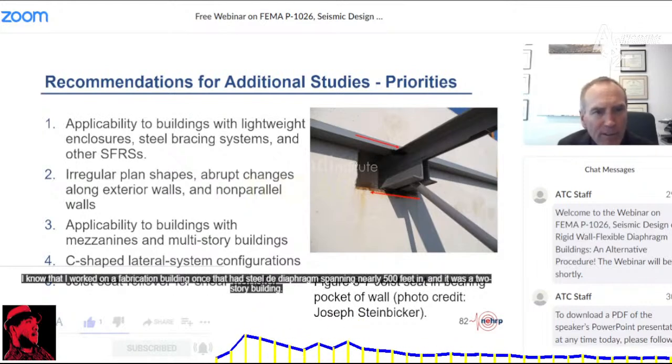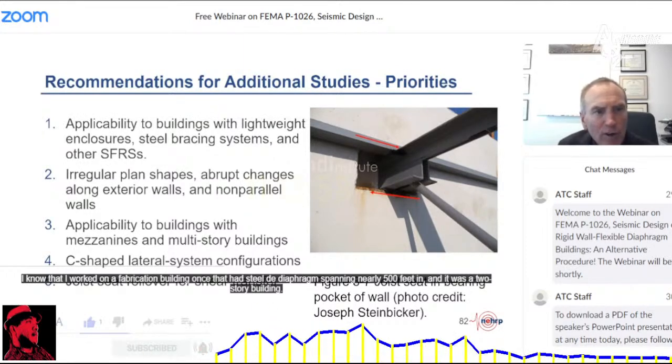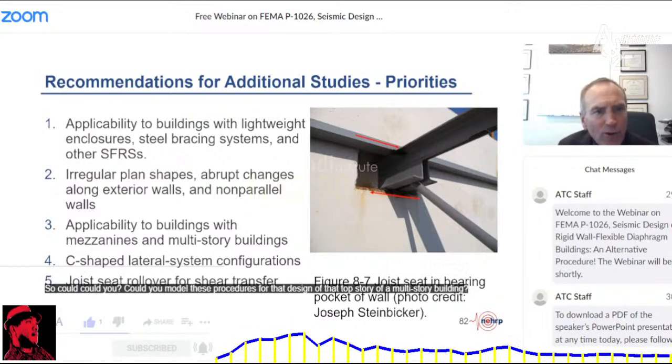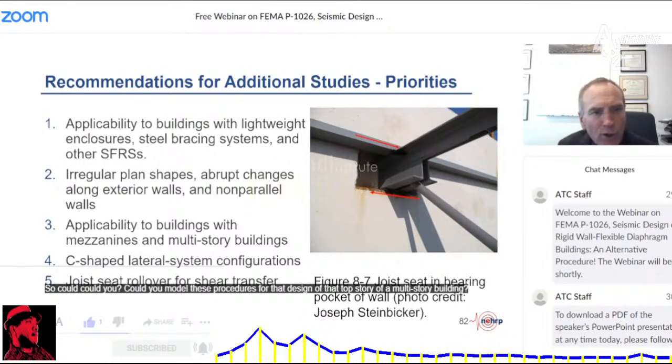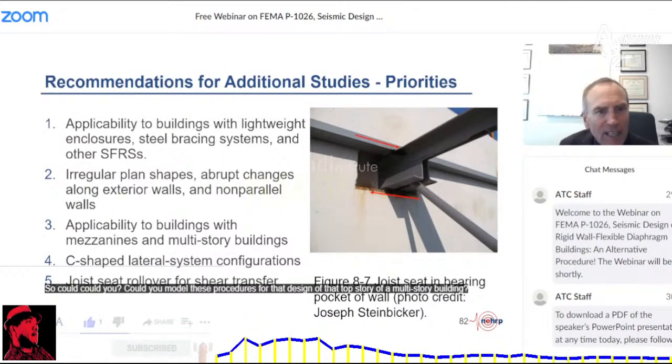I worked on a fabrication building once that had steel deck diaphragms spanning nearly 500 feet, and it was a 2-story building. So could you modify these procedures for the design of the top story of a multi-story building?